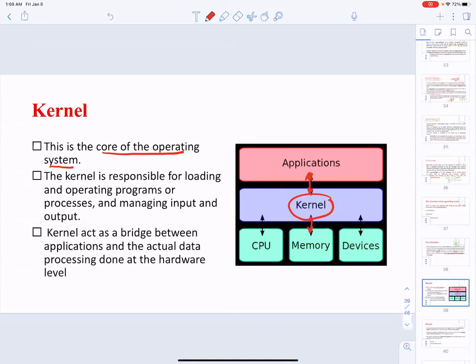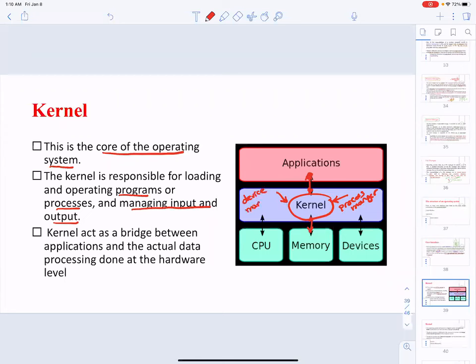The kernel is responsible for loading and operating those programs or processes provided by the user or even the system, and also managing input and output. That means in the kernel, we can see the process manager. The process manager is part of the kernel. We also can see the device manager because it interacts with hardware.